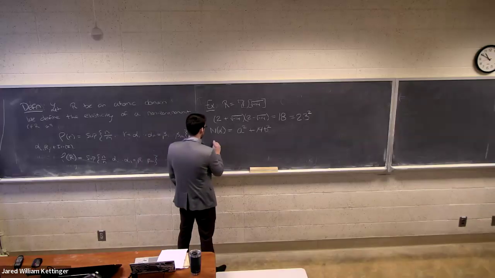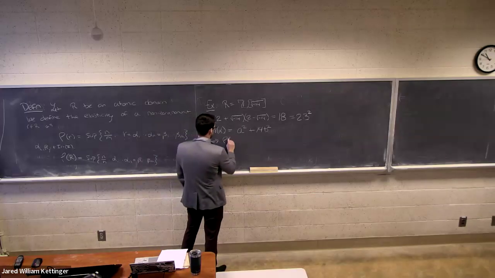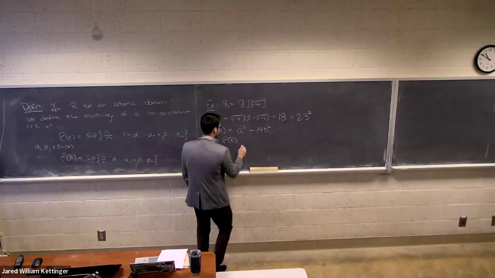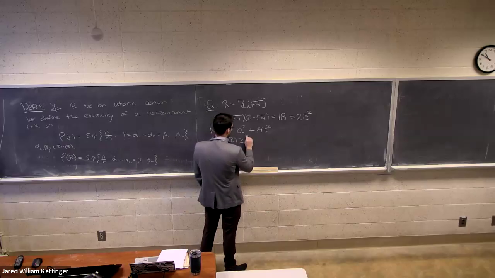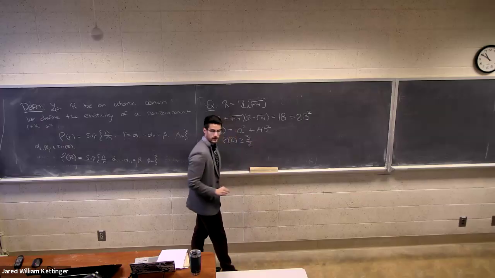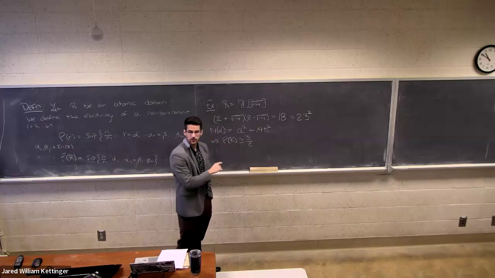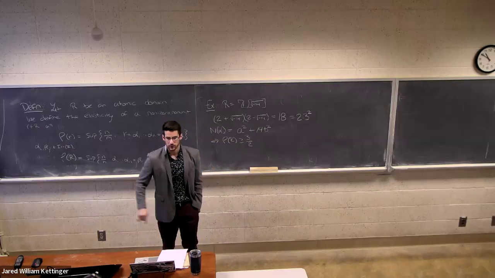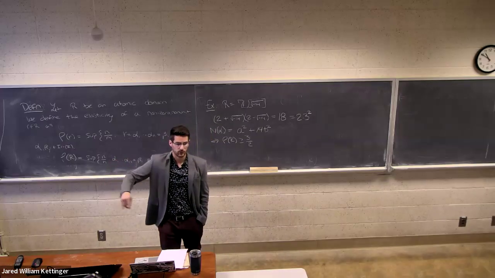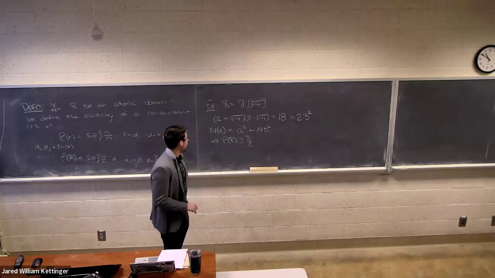So what does this imply? This implies that the elasticity of the ring is at least 3 halves, right? In particular, the elasticity of alpha is at least 3 halves, which implies that the elasticity of the ring is at least 3 halves.